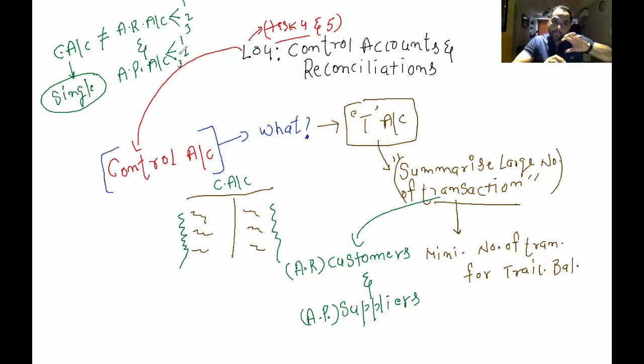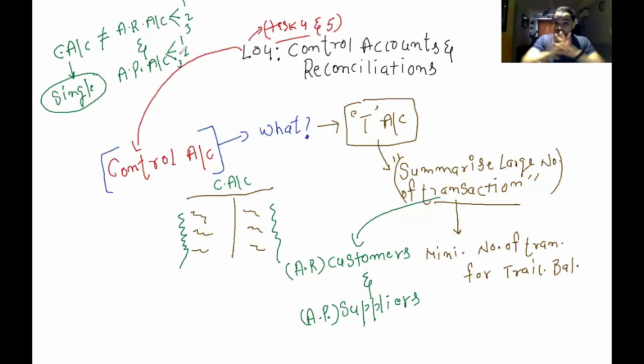But after preparing all these separate T accounts for separate customers or suppliers, we're going to prepare one control account. The reason behind one control account is that we can easily understand how many receivables we have, who is going to give us cash, and how many payables we have, to whom we are going to pay cash, right? So it's all about measuring your cash in and out through one account.